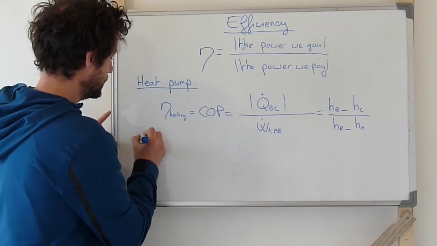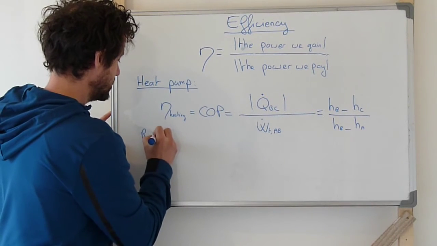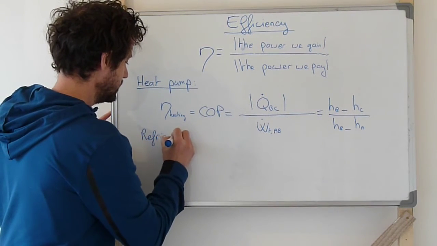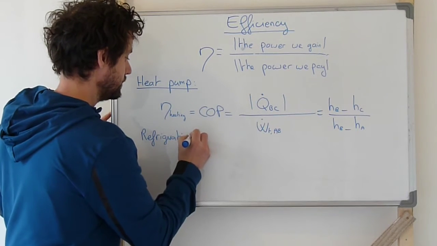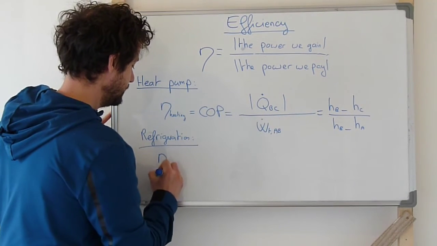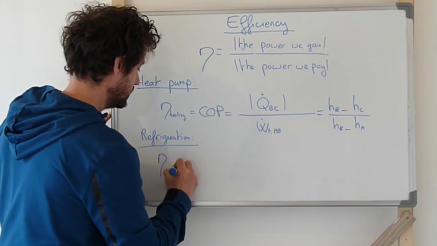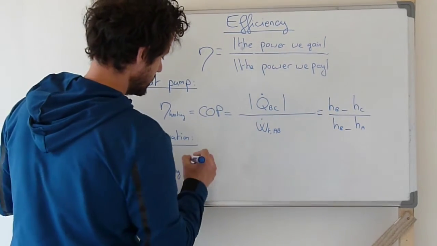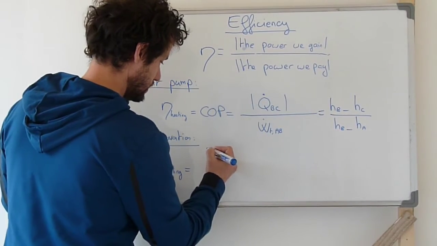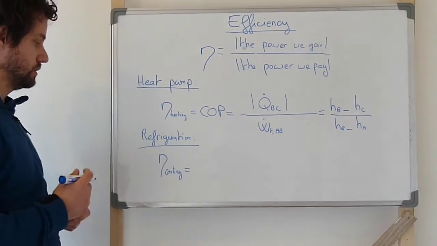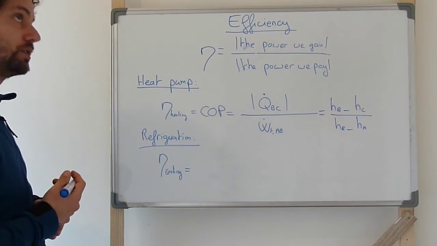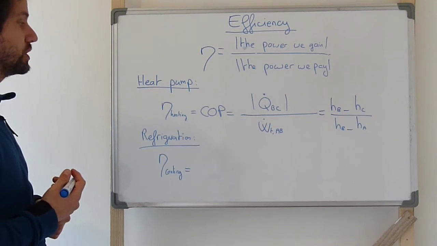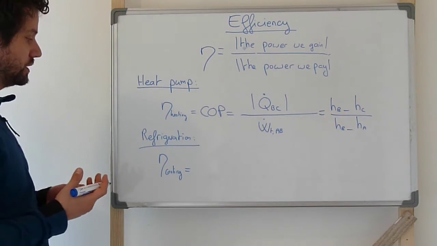Now, if we use the machine as a refrigeration machine, the efficiency of cooling is called the coefficient, in French, coefficient d'effet frigorifique.